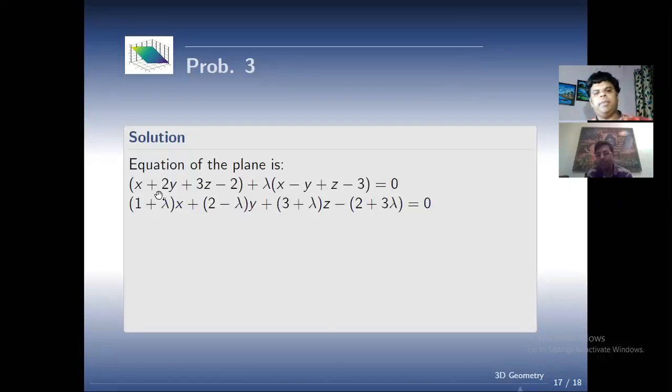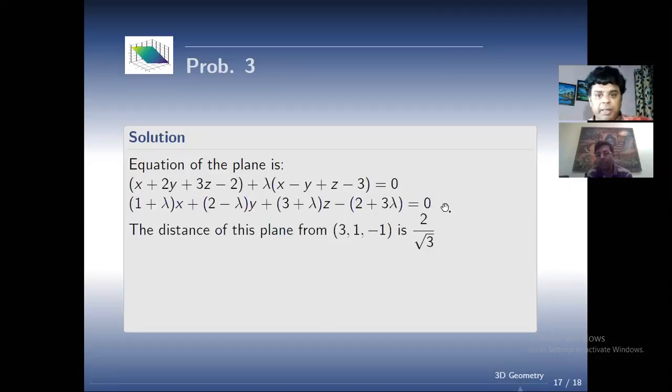So again, if I rearrange this in terms of coefficients of x collected together, coefficients of y collected together, coefficients of z collected together, then I'll get 1 plus lambda x plus 2 minus lambda y plus 3 plus lambda times z minus of 2 plus 3 lambda equal to 0. We are given that this plane here is at a distance of 2 by square root of 3 from the point 3, 1, minus 1.